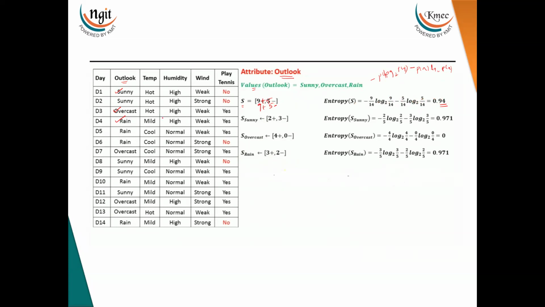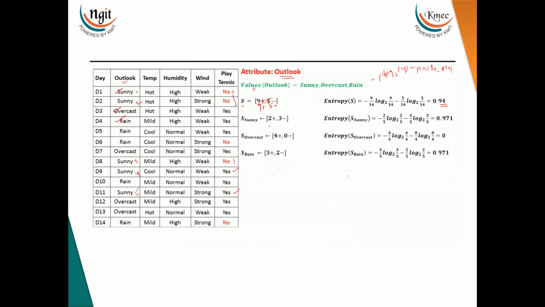Now, let us look at the values inside the outlook. We'll take sunny. How many sunnies are there? 1, 2, 3, 4, 5. Total 5 sunnies are there. And in these 5 sunnies, we have 3 no's and 2 yes.